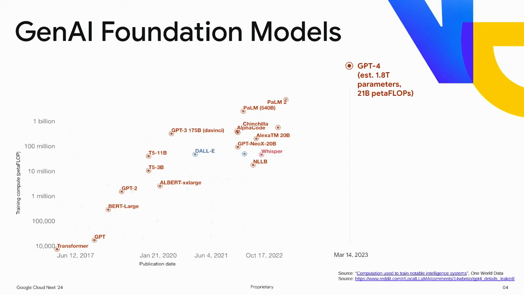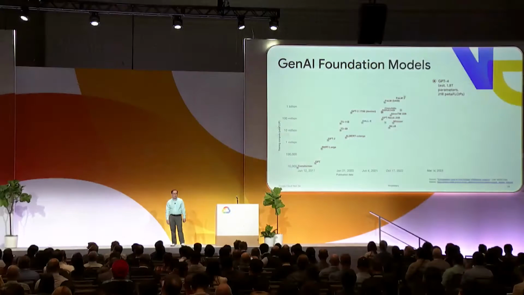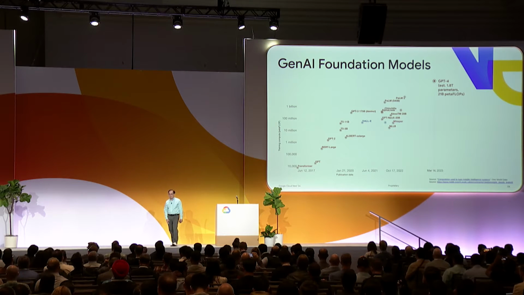And today, models like GPT-4 or Gemini are way beyond that. GPT-4 is estimated at something like 1.8 trillion parameters, which requires about 21 billion petaflops. Try to wrap your head around that to train.